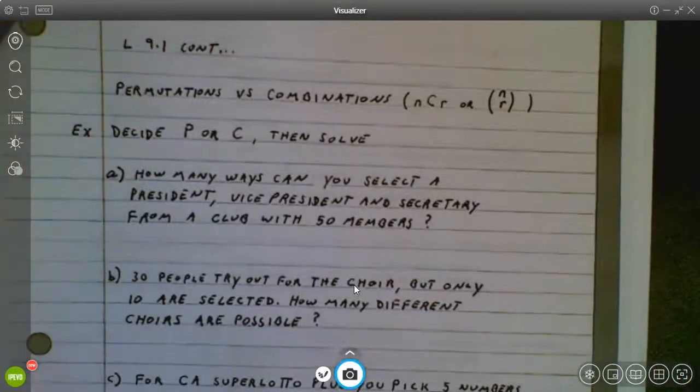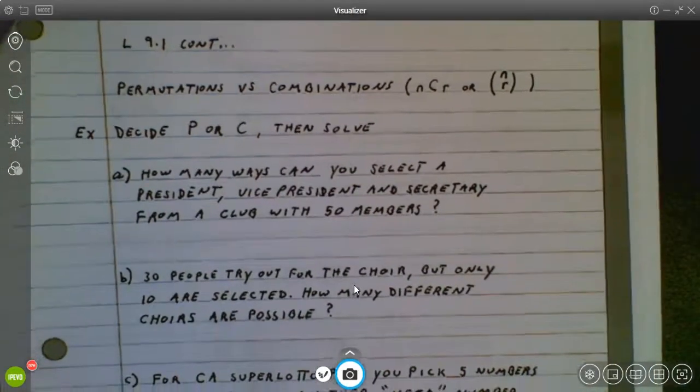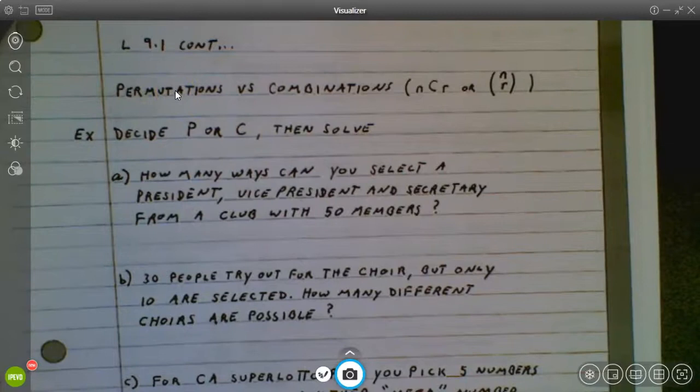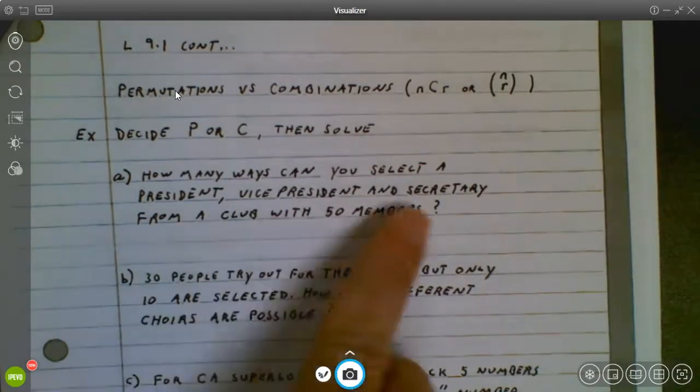So here's the second idea, combinations. What's the difference? A combination is one where order does not matter, right? Permutations, and this is the main thing you want to remember here, is in permutations, order matters. In combinations, order does not matter. It does go a little beyond order. Let me throw in a couple more keywords for a permutation. It's not only order, but it's also a difference in value, like a ranking. So like if you're talking about, and they like to throw out things like this next one, president, vice president, and secretary.